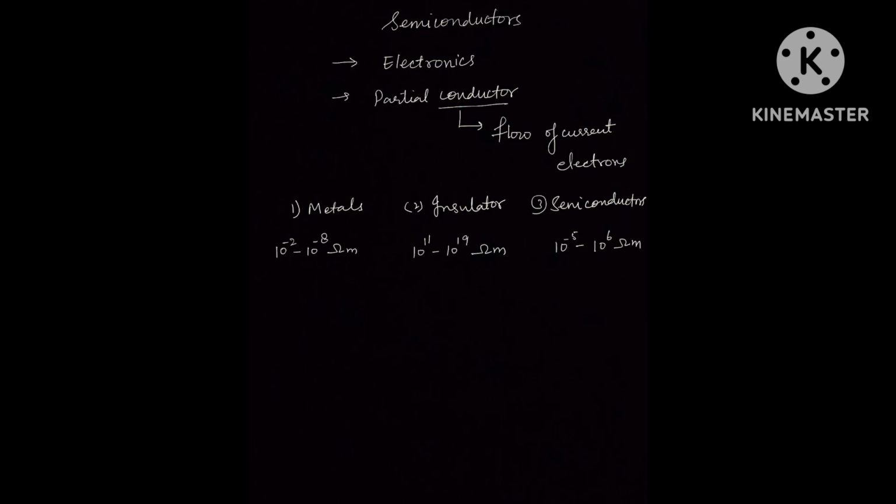So apart from their resistivity, we can classify these materials on the basis of their energy bands. So how are these energy bands formed and what are energy bands? Let us take an example. Say this is an atom with a valence electron and a nucleus.